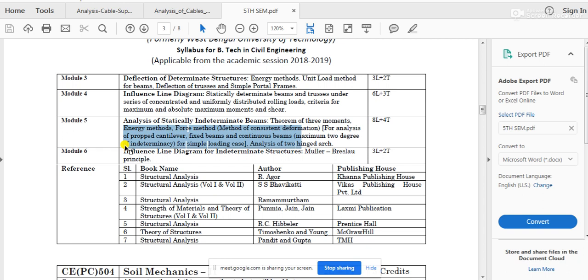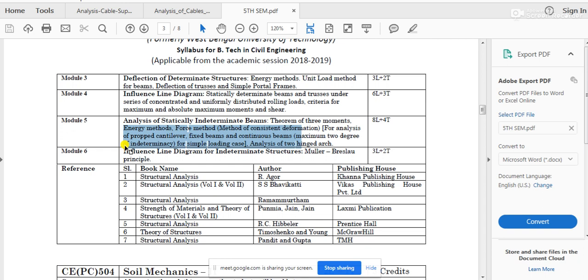If you see the problems coming in your GATE exam, Indian Engineering Services exam or SSC exams also, you are not going to get indeterminacy of a structure more than 2.